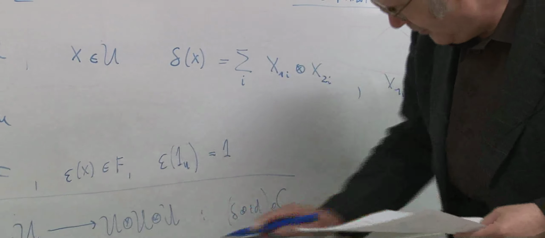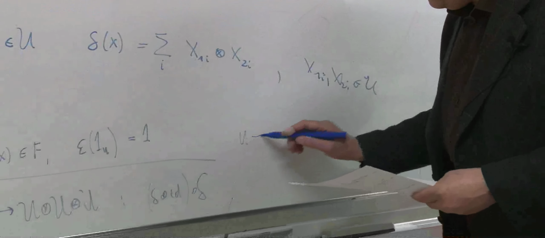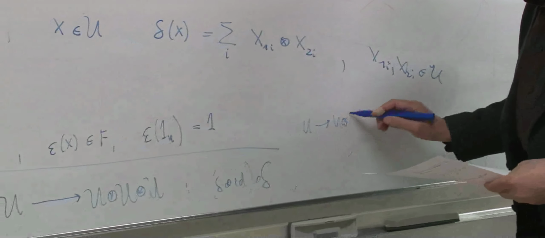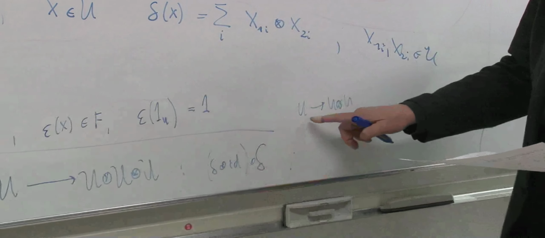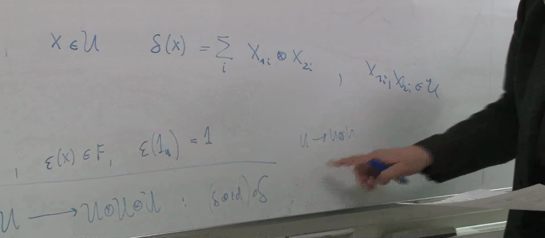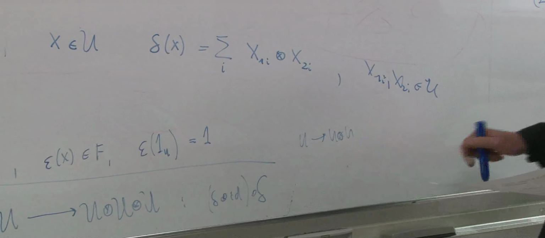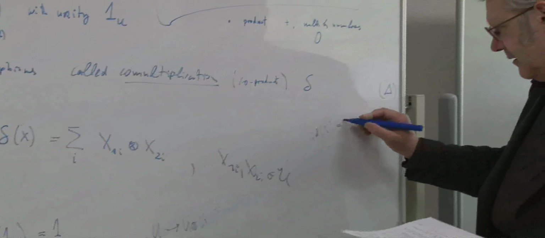So I went first with this map from U to U tensor U, and then with this map I applied delta on the first element and identity on the second element. Identity of x means that the result is x.